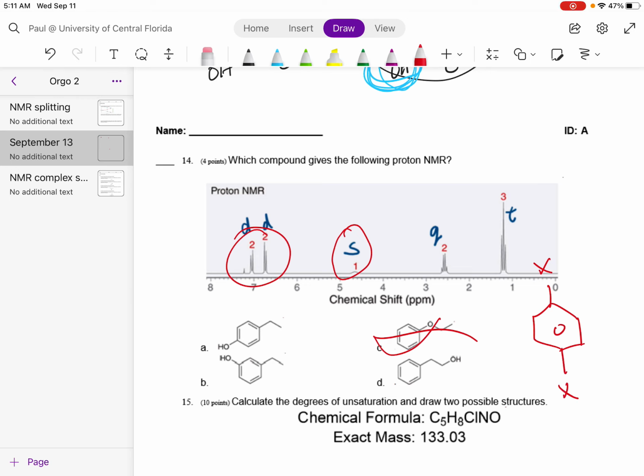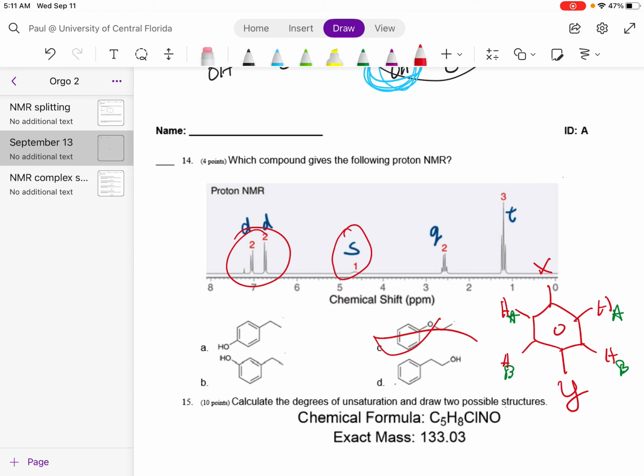I don't know what's attached to it, but we'll call that Y. In that substitution pattern, this disubstituted benzene, do you see how these protons right there are equivalent? And these are equivalent to one another. Now, why am I saying A and B? Because I fixed this. I'm saying this is going to be a different group. So X and Y are different. And so you can see with the A protons there, those have to be doublets. And B also has to be a doublet.